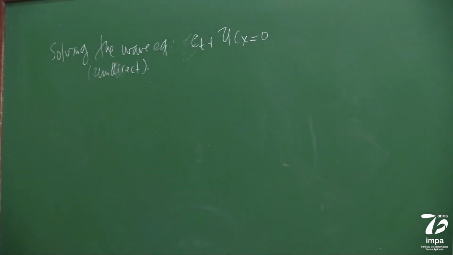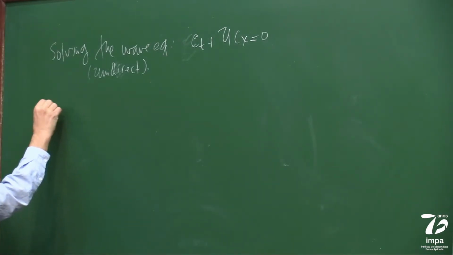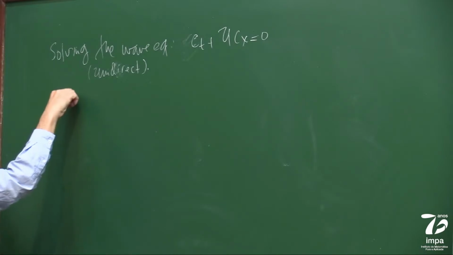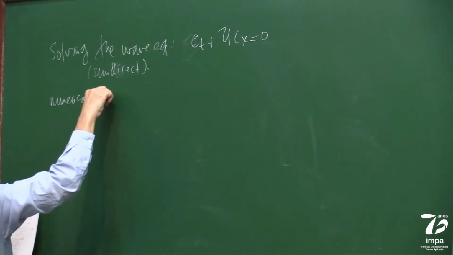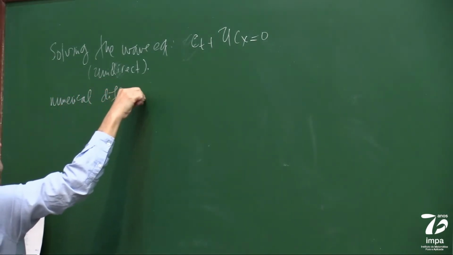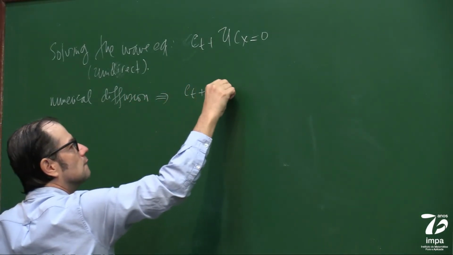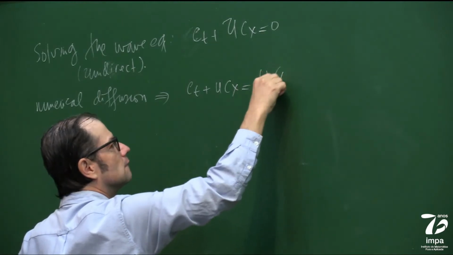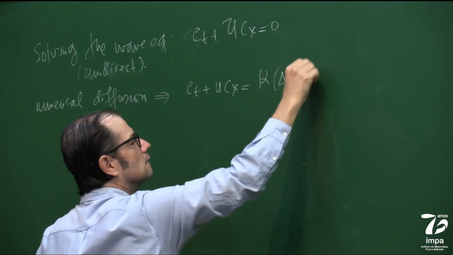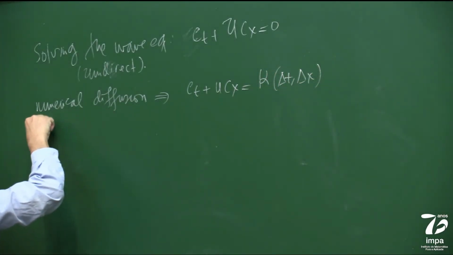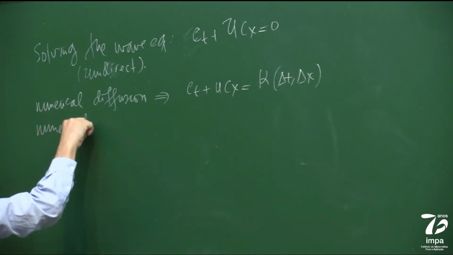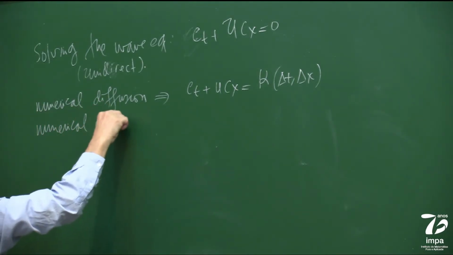Unidirectional, right? One direction. So we saw many things. We saw numerical diffusion. We saw numerical dispersion.